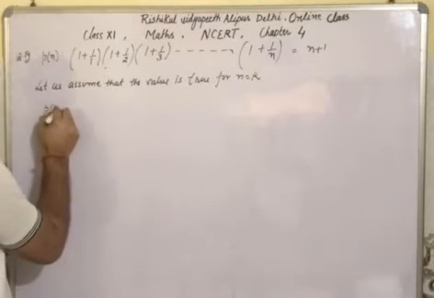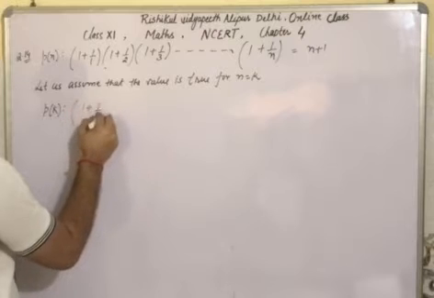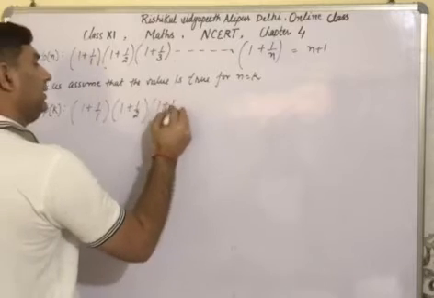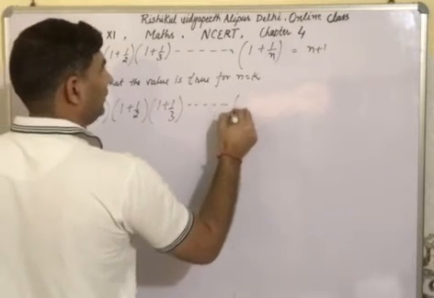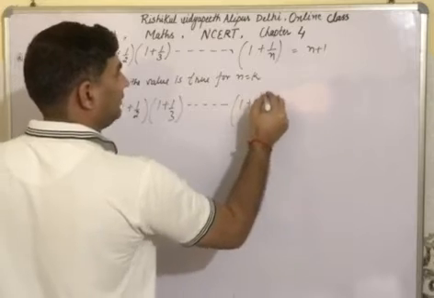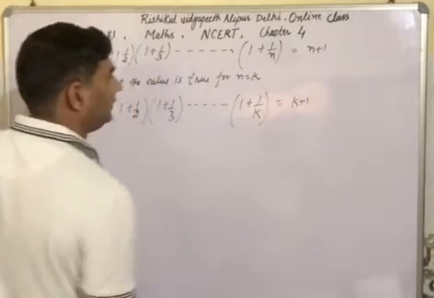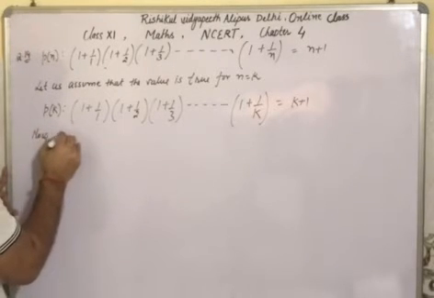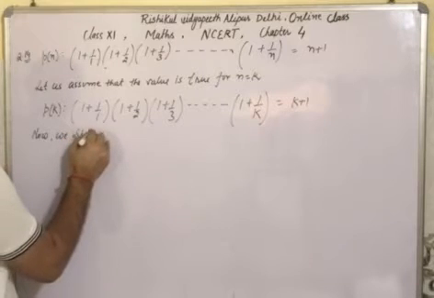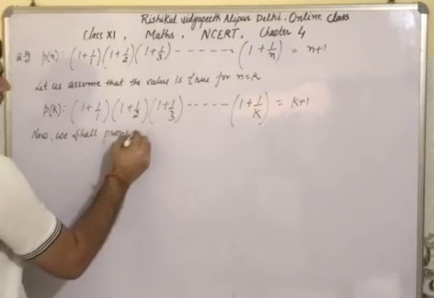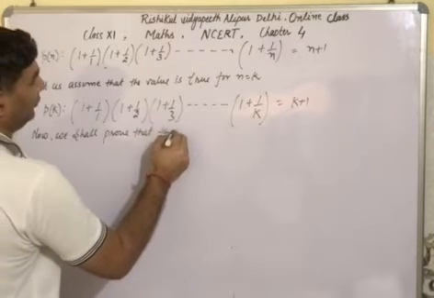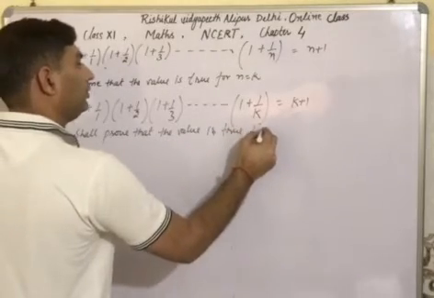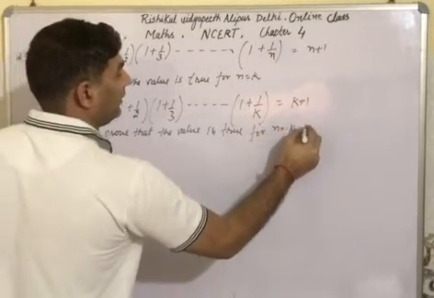Then P of k: 1 plus 1 by 1 into 1 plus 1 by 2 into 1 plus 1 by 3 and so on up to into 1 plus 1 by k is equal to k plus 1. Now we shall prove that the value is true for n is equal to k plus 1.